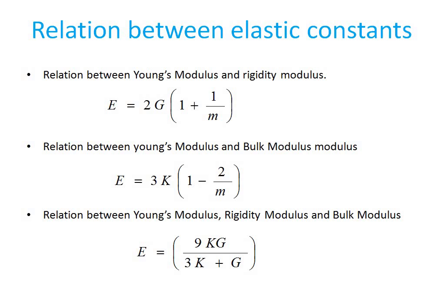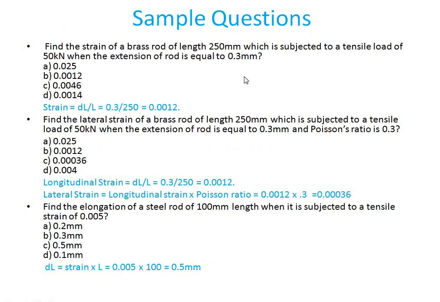And now we can have some simple problems. Find the strain of a brass rod of length 250 mm which is subjected to a tensile load of 50 kN when the extension of the rod is equal to 0.3 mm. Here the length is given, the external load is given, and the change in length is given. We are asked to find the strain. The strain is change in length by original length.